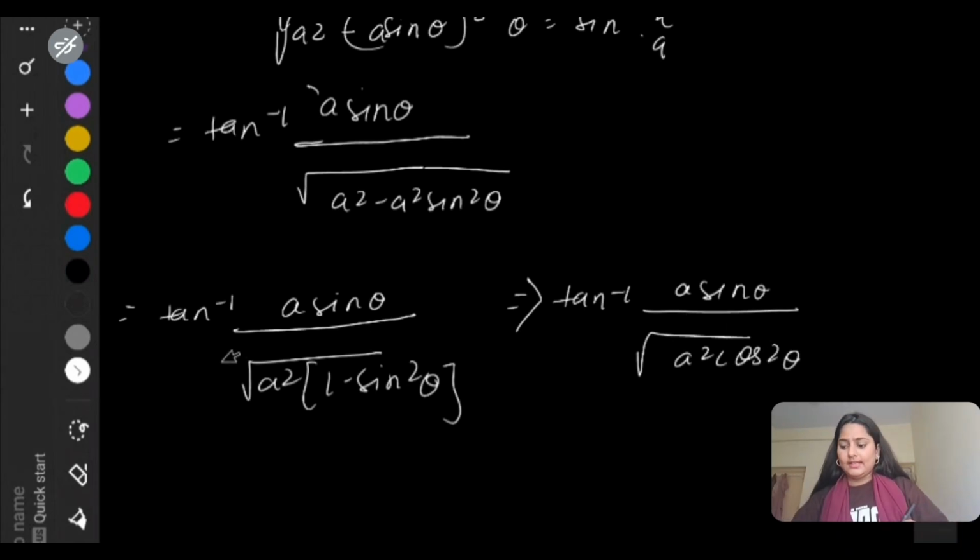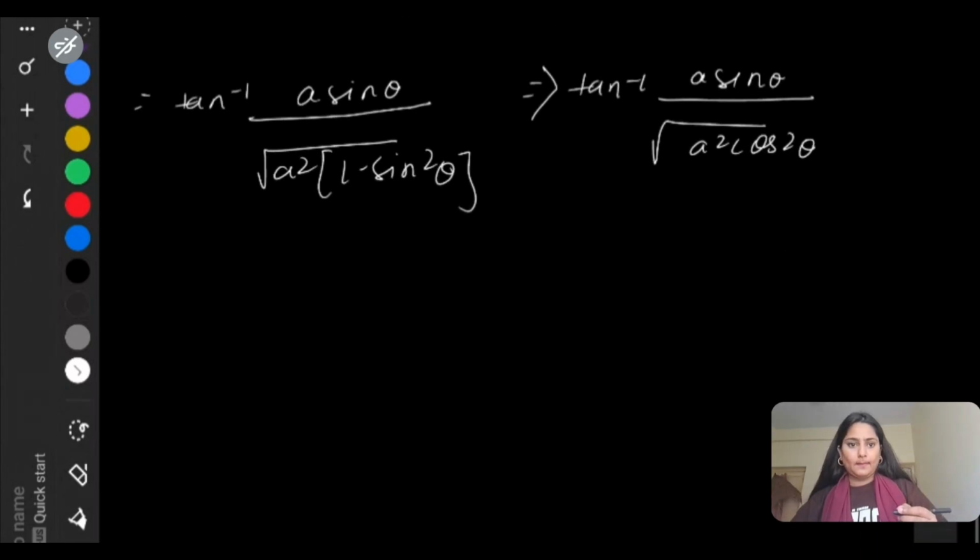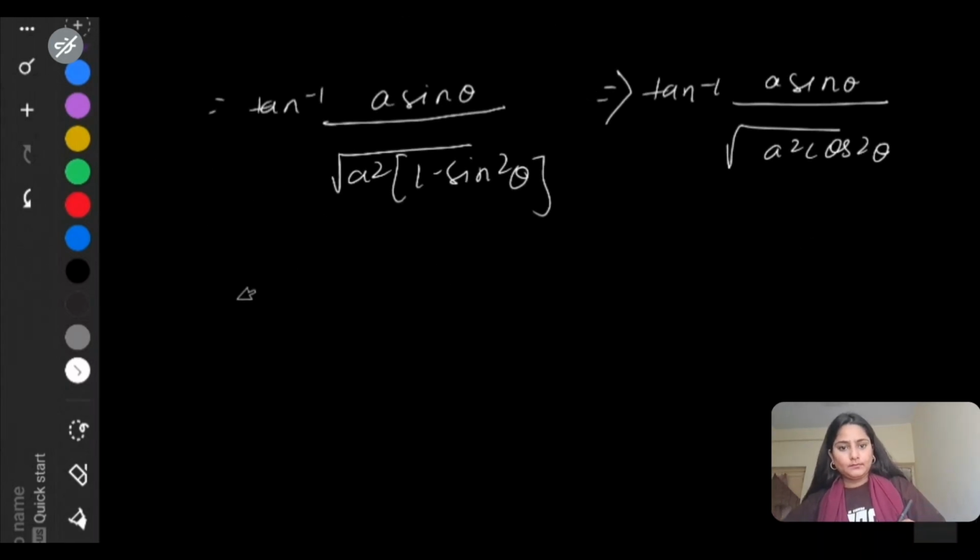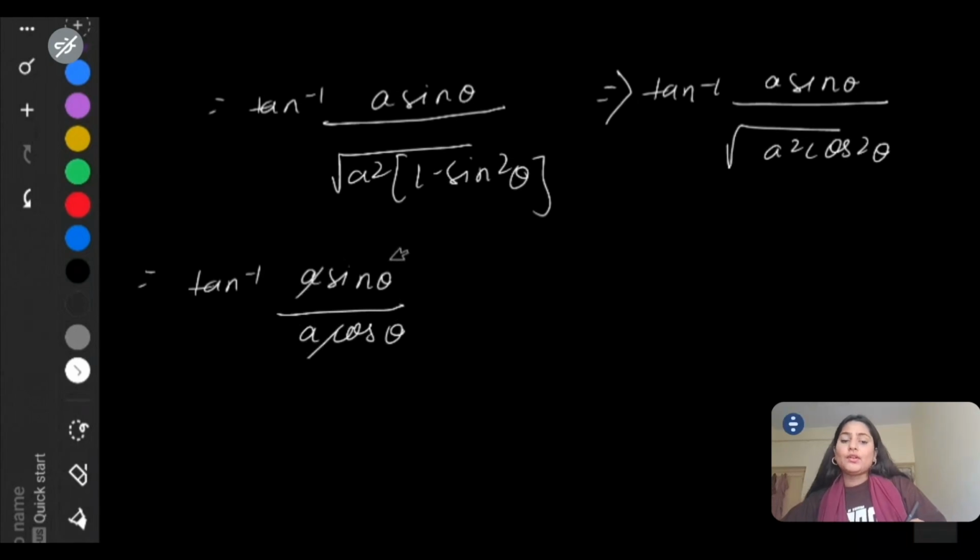Next, we'll write tan inverse of a sin theta upon a cos theta, right? We'll cancel these two, and we also know that sin theta upon cos theta is tan theta. So we'll put tan inverse of tan theta.